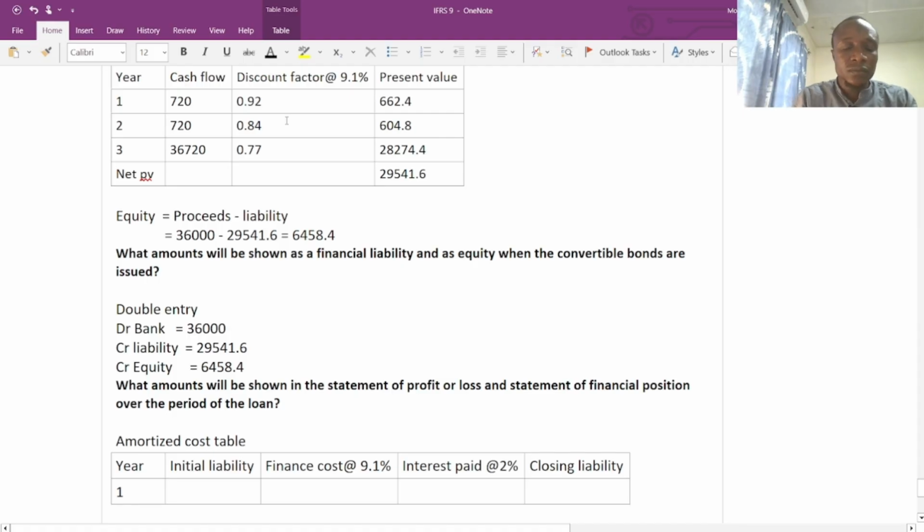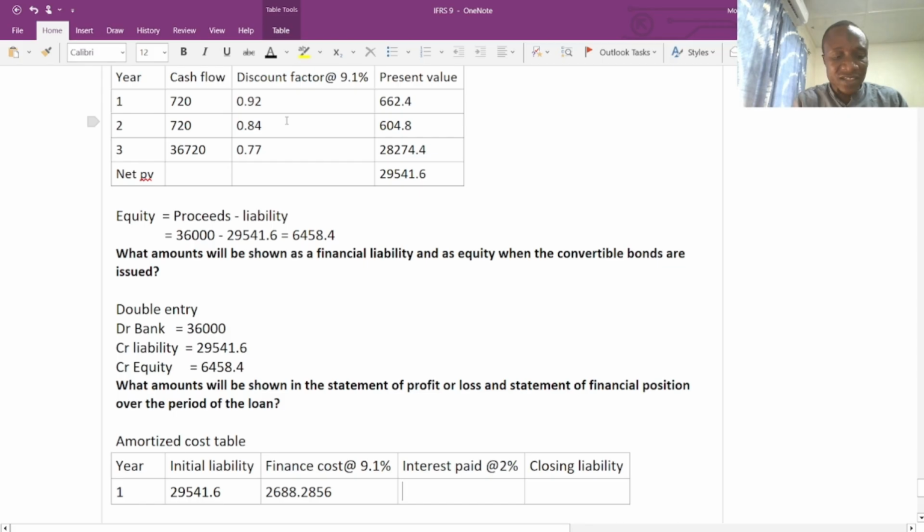Year one, the initial liability is 29,541.6 times 0.091, 9.1%. So it will be 2,688.2856.